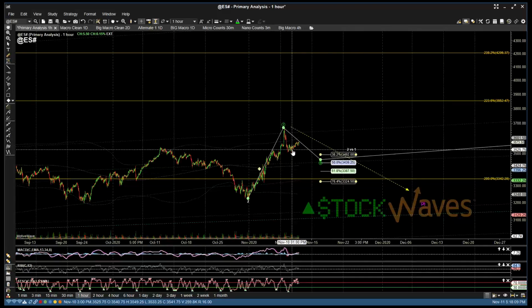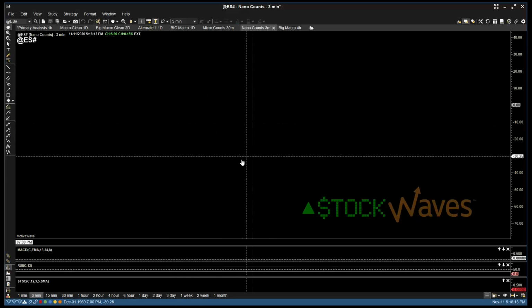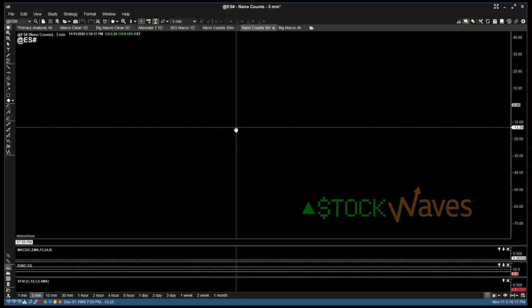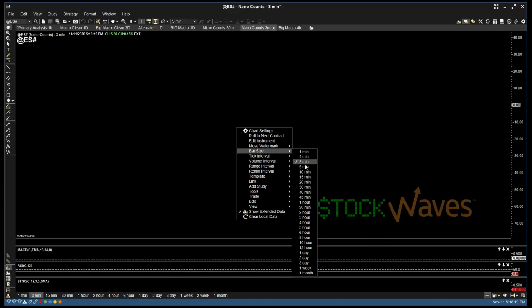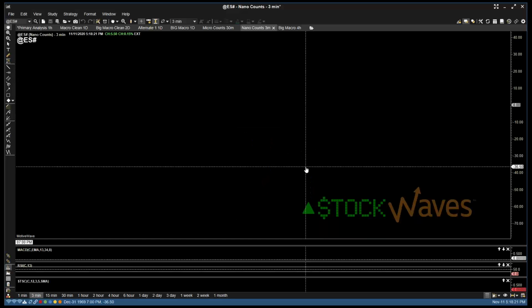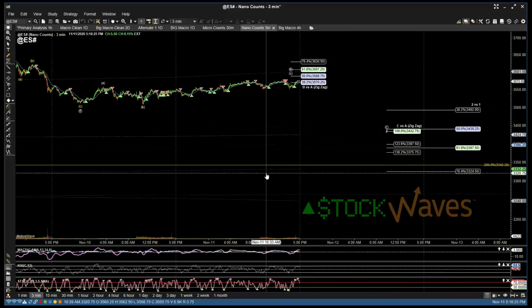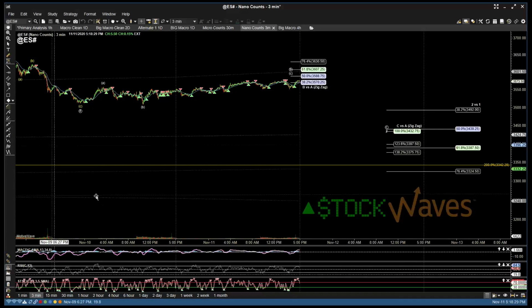And the move that we've had up the last 2 days, and when I do zoom in on a smaller degree chart, I do tend to look at the 5-minute or the 3-minute. I know there was a question about that from Manny. Let's see.